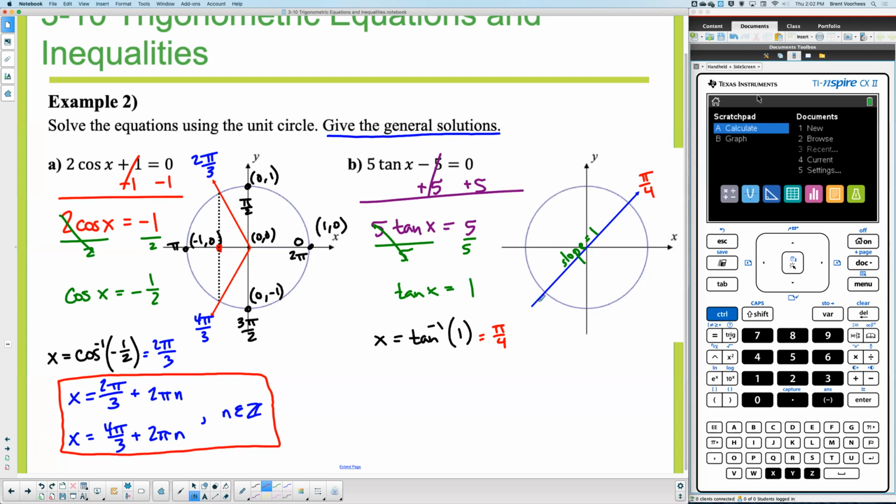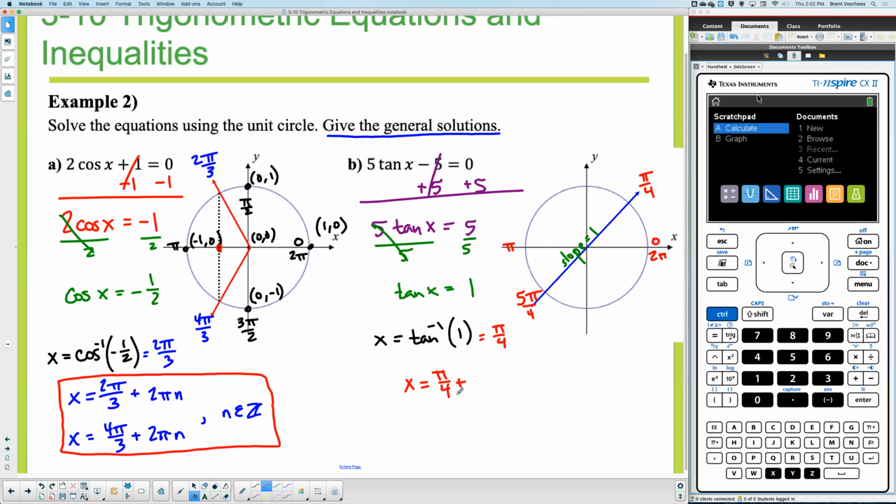Now, this third quadrant would generate a different pi over 4. What pi over 4 would go in here? Let's think about it. This is 1 pi. So if you're just past 1 pi, you're 5 pi over 4. That's right. So the two solutions that you would think through would be pi over 4 plus, okay, now what's the period of tangent?